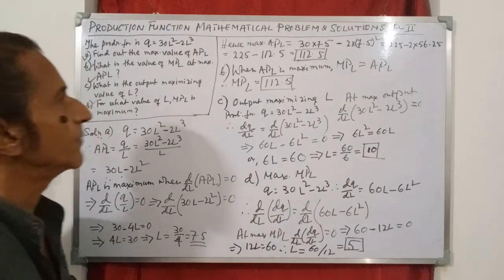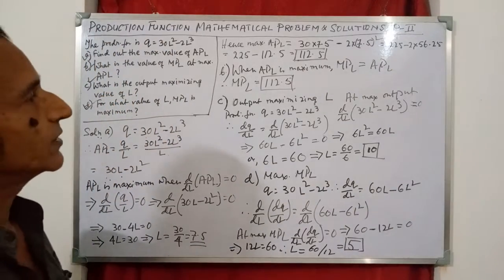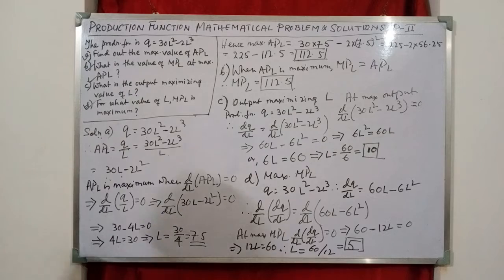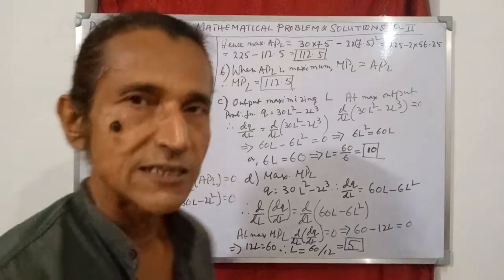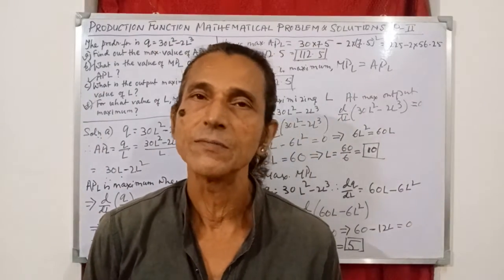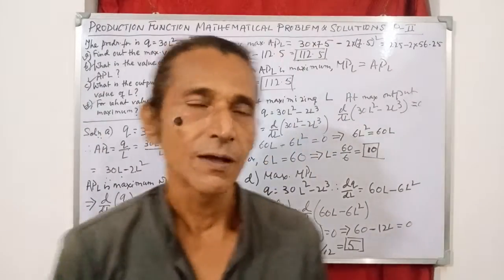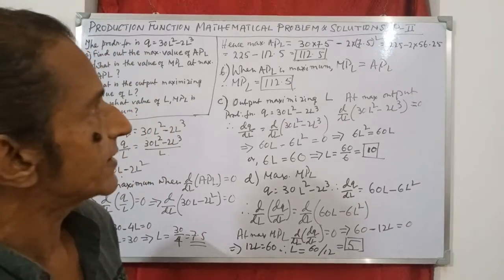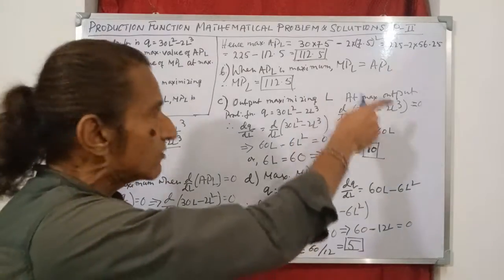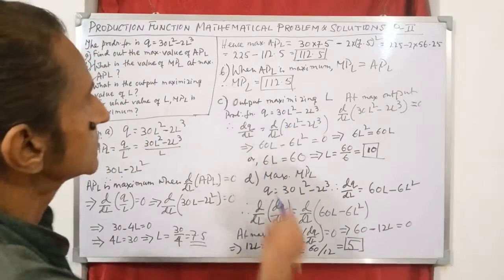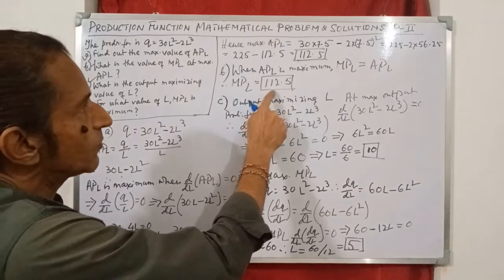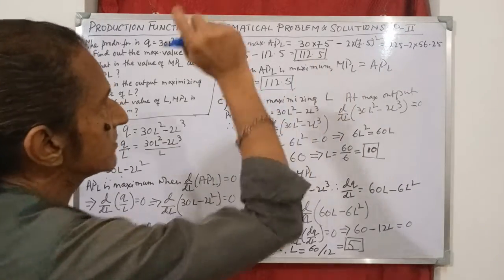So maximum APL is 112.5. So A is solved. Now come to problem B. What is the value of MPL at maximum APL? We know when APL is maximum, MPL becomes exactly equal to APL, and we have already found out the maximum value of APL. So that will be the value of MPL. So MPL is 112.5. That is the maximum APL.